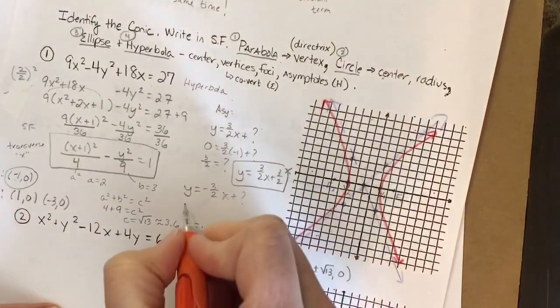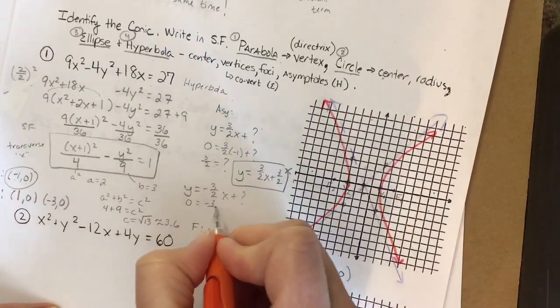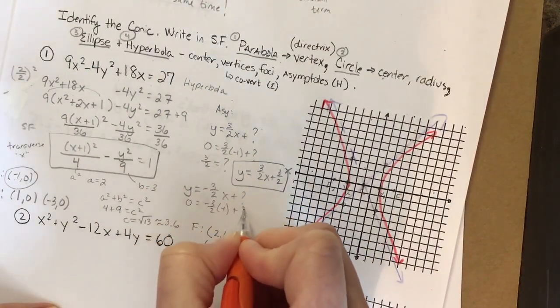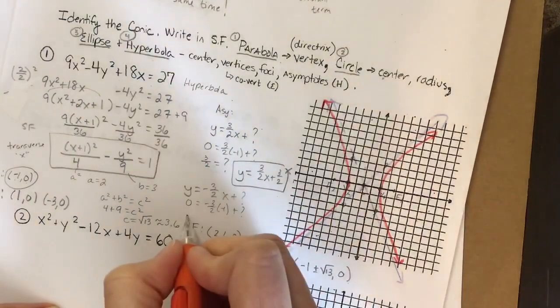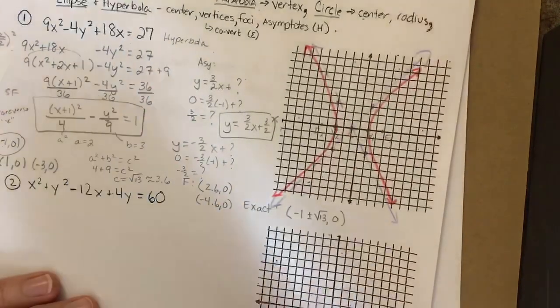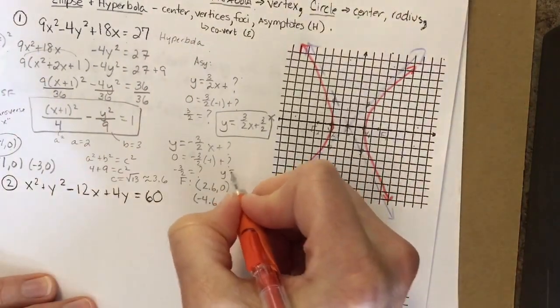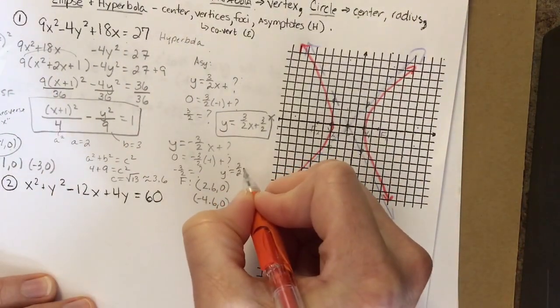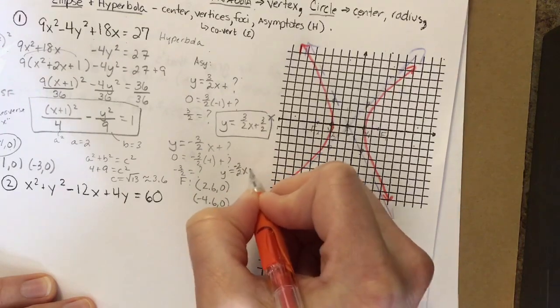Plug in 0 and -1. That's positive 3/2, so subtract 3/2. My second question mark is negative 3/2. So the other equation for the asymptote is y equals negative 3/2 x minus 3/2.